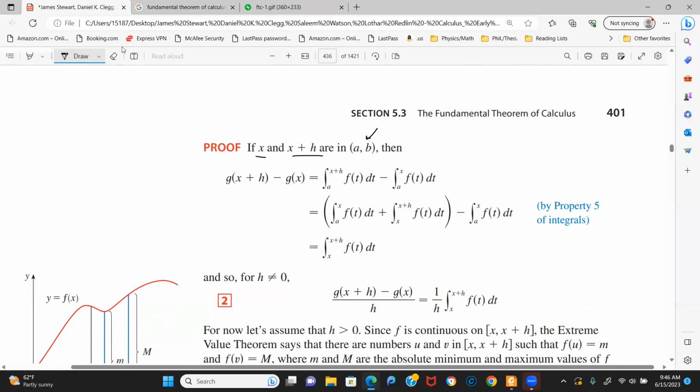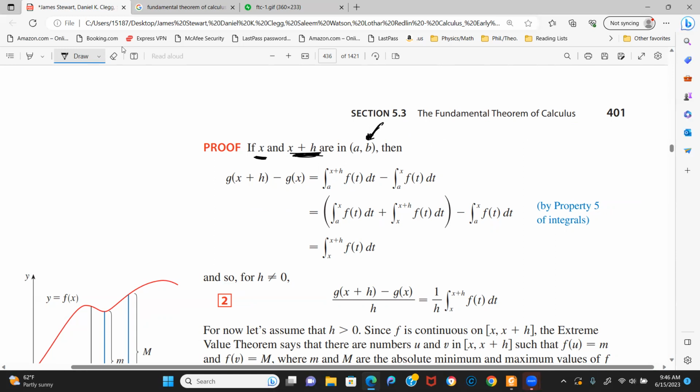So h is going to be sufficiently small so that x and x plus h are all still in this interval a comma b. So we're going to assume x is in this interval and h is small enough so that x plus h is here. All right, so now what is g of x plus h minus g of x?